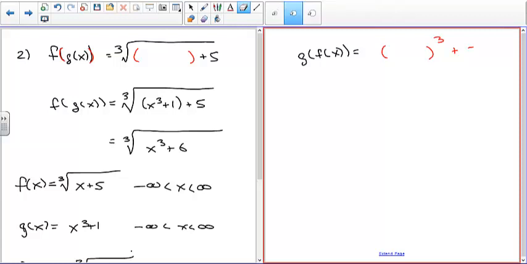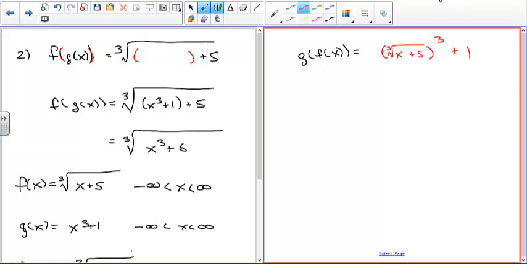Plus 1. Now that thing that we cube is going to be the cube root of x plus 5.